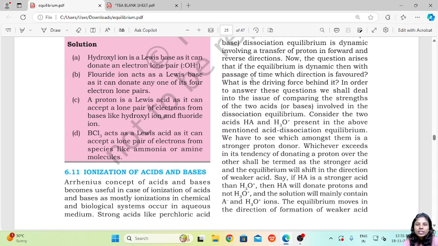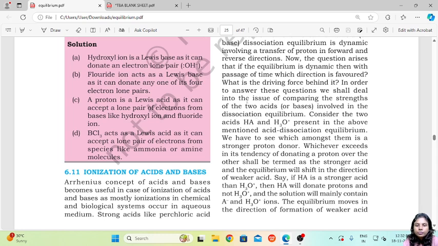Is it a forward direction or a backward direction? And even if we are looking at the direction, what exactly is the driving force that makes it go into the forward or backward direction?